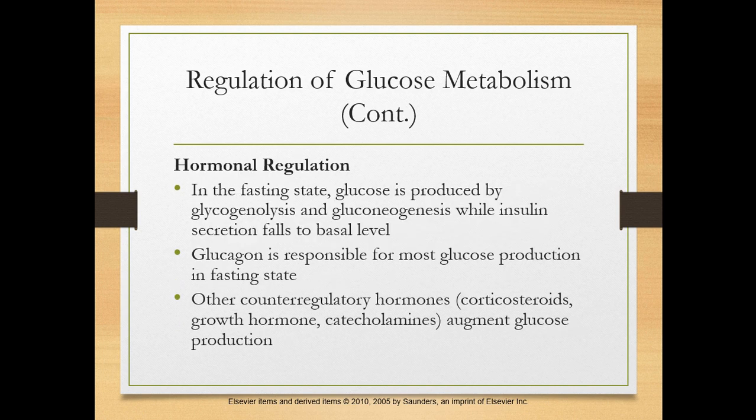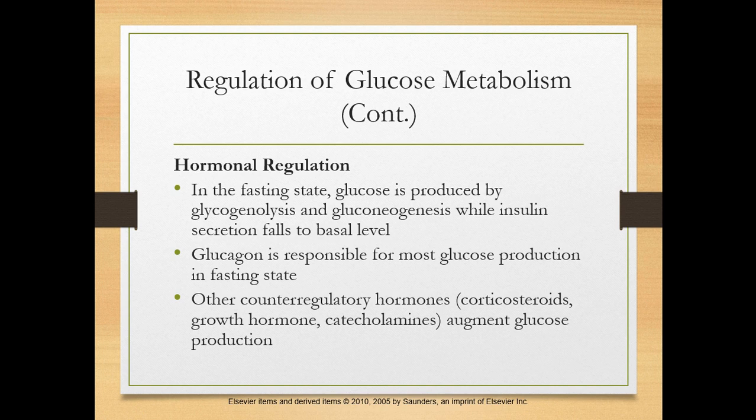Okay, so in fasting state, glucose is produced by glycogenolysis or gluconeogenesis, while insulin secretion falls to the basal level. So during fasting, the body recognizes that it does not have the adequate amount of glucose that it needs. Keep in mind, glucose is the energy fuel for the cells, so we do need an adequate amount of glucose circulating in the body in order to have cellular processes happen.